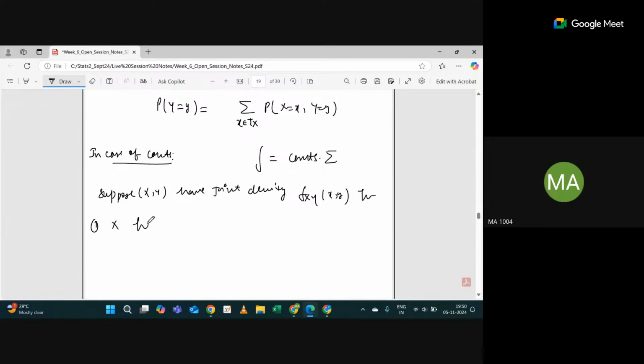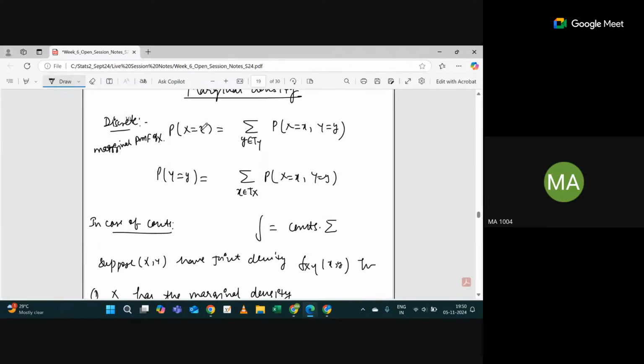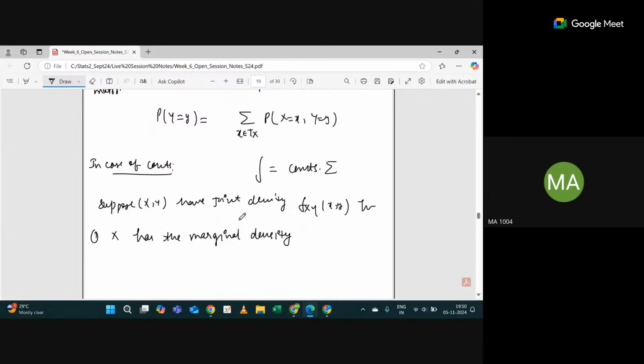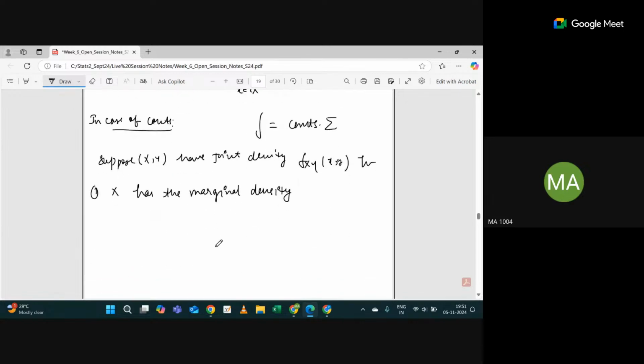When I say X has the marginal density, what will you do using the above concept? For the marginal PMF of x, you sum over the range of y of the joint PMF. Now I will replace the summation with the integration sign, and integrate over the support of y to get the marginal density of x.